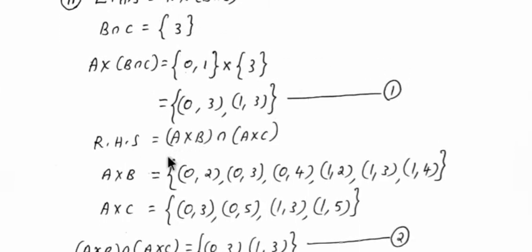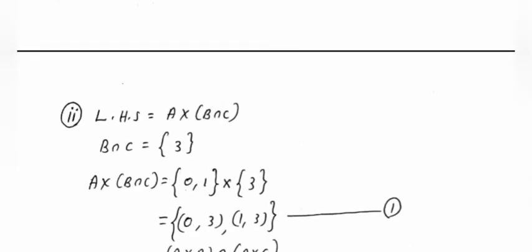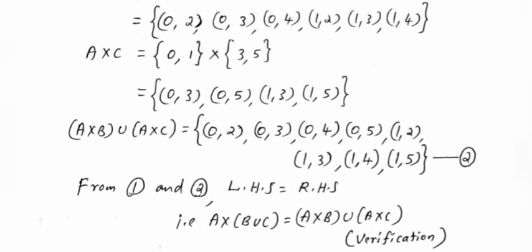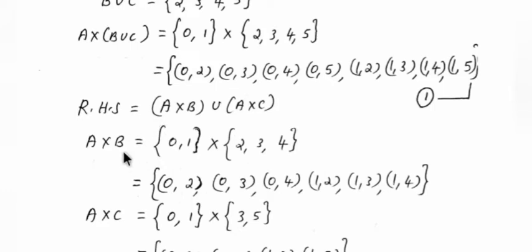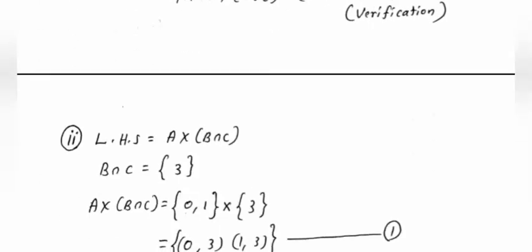Then take RHS. RHS is equal to A cross B intersection A cross C. First find A cross B. A cross B is already found out in the first one. This is A cross B. This can be taken here directly.